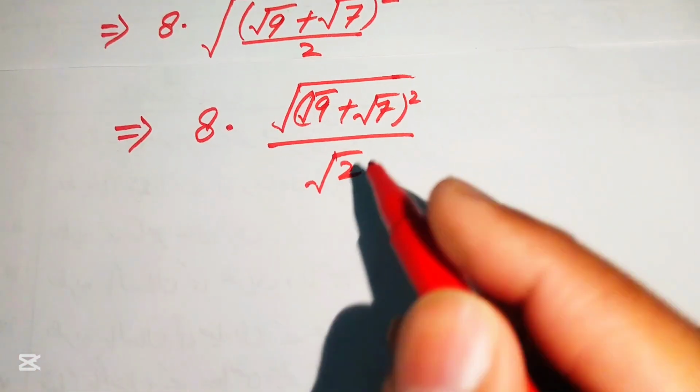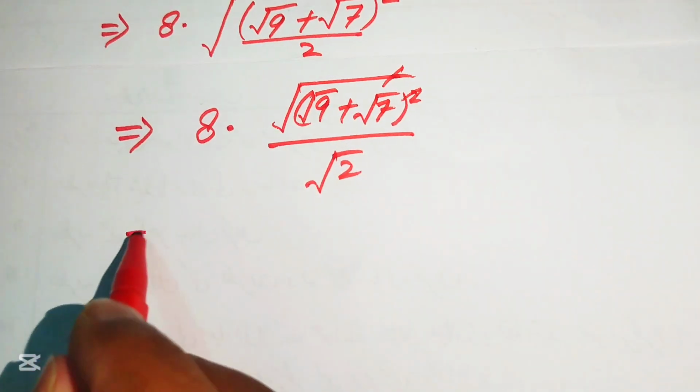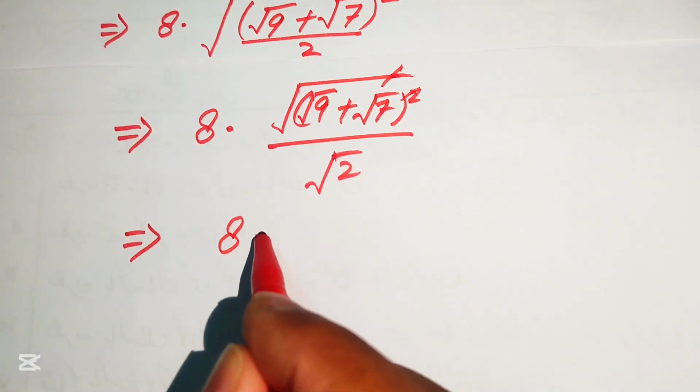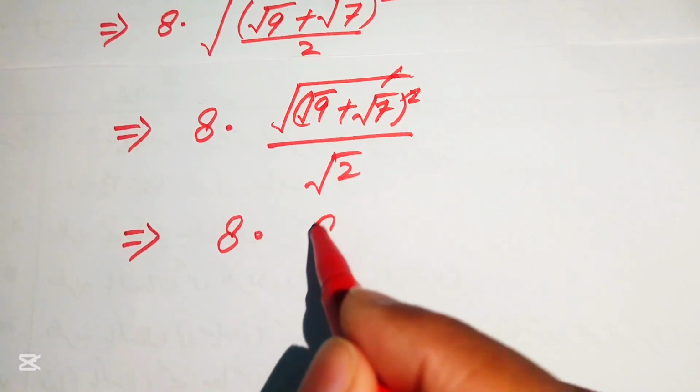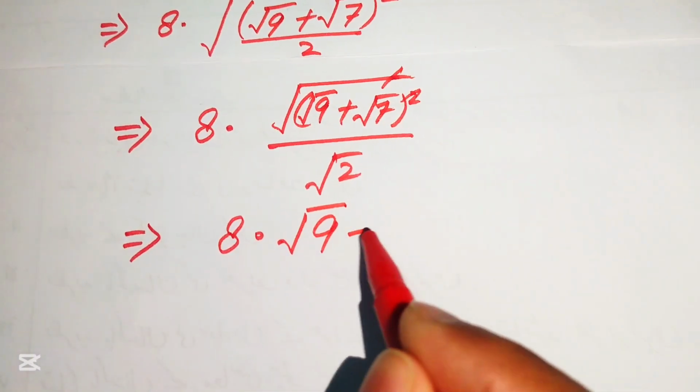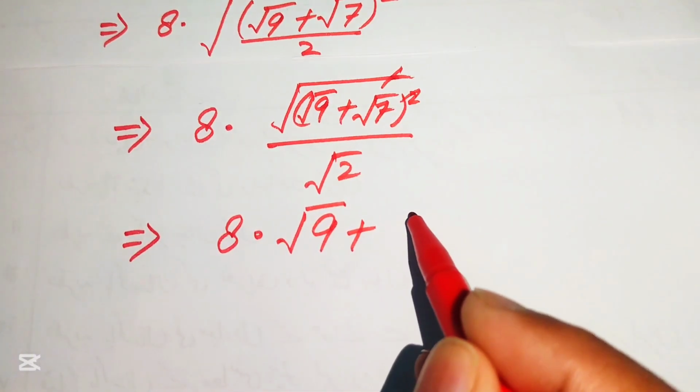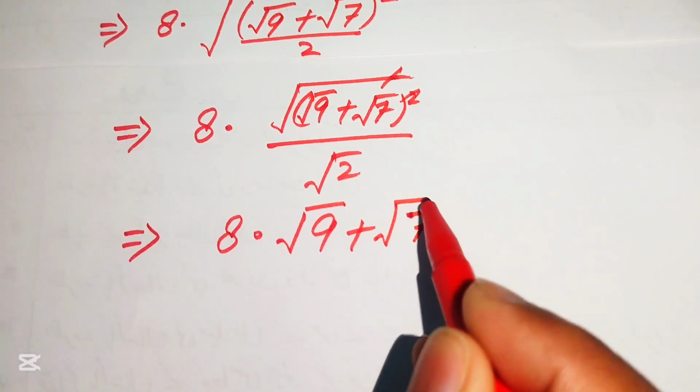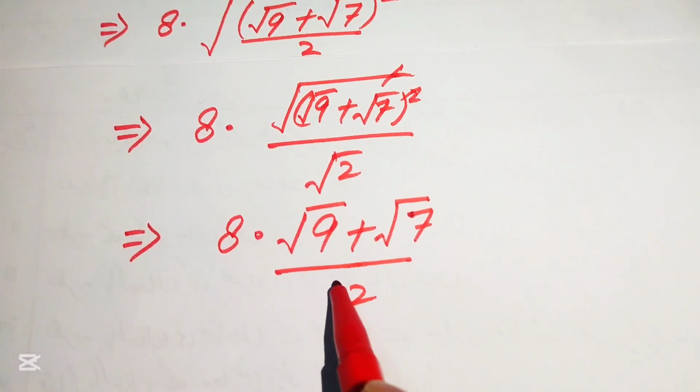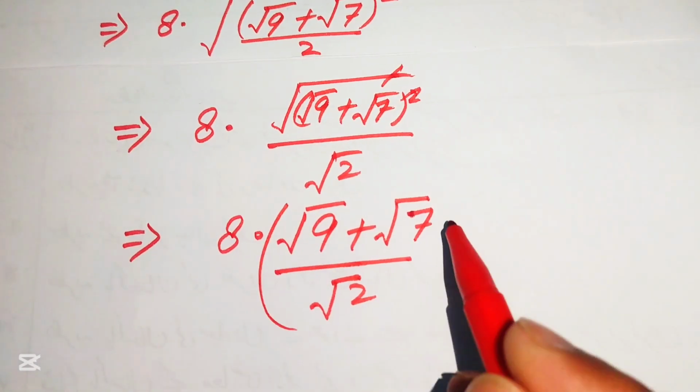And now further in the next step, this 2 and square root are gone, and we will get here 8 times square root of 9 plus square root of 7, and this is divided by square root of 2.